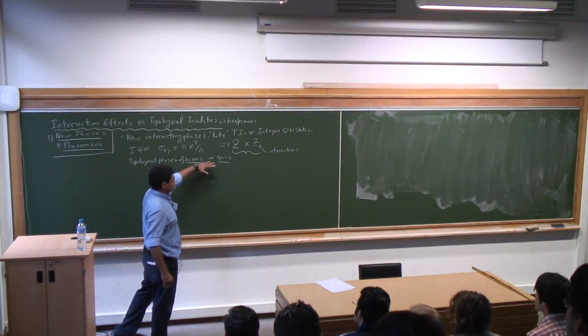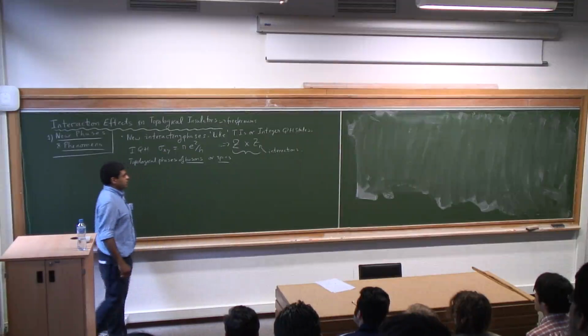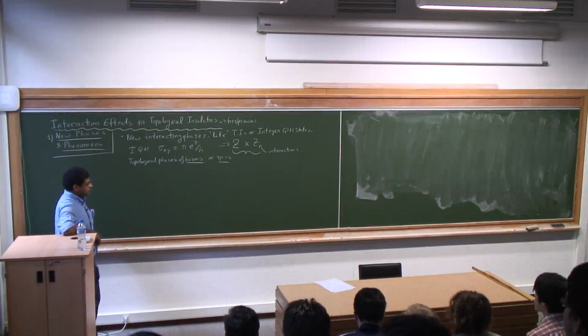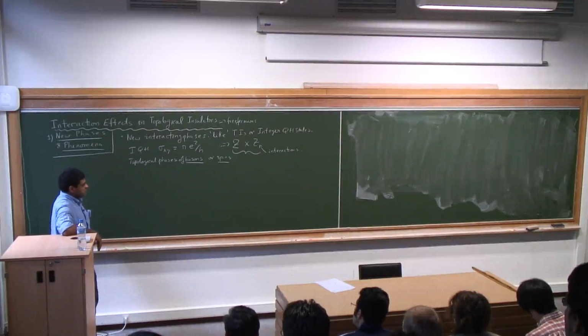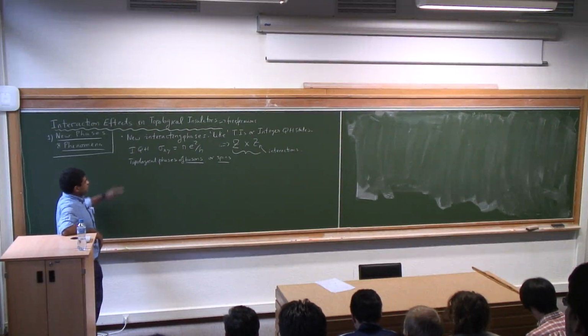But we won't actually include fermions to begin with, just to emphasize the fact that we are going to talk about strongly interacting systems. Okay, so when you have phases of bosons or spins, you have to include interactions to get anything non-trivial. So we'll automatically be thinking about interacting phases of matter.